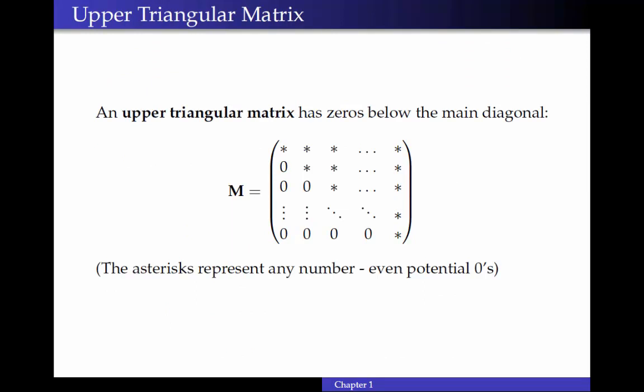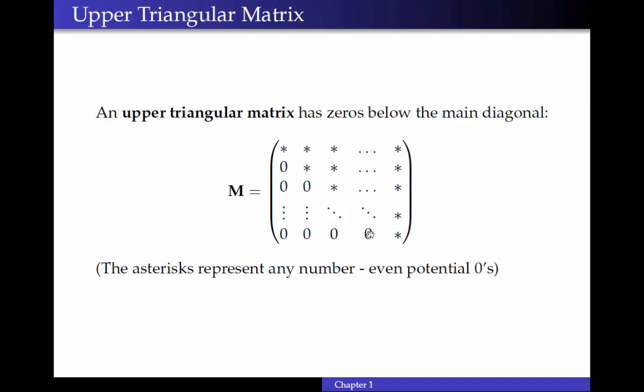Next, we have an upper triangular matrix, and that's a matrix that has zeros below the main diagonal. So it's upper triangular because all of the non-zero stuff happens in the upper triangular portion of the matrix. And these asterisks here that I've used can represent any number. They can be 0, there can be zeros up there.